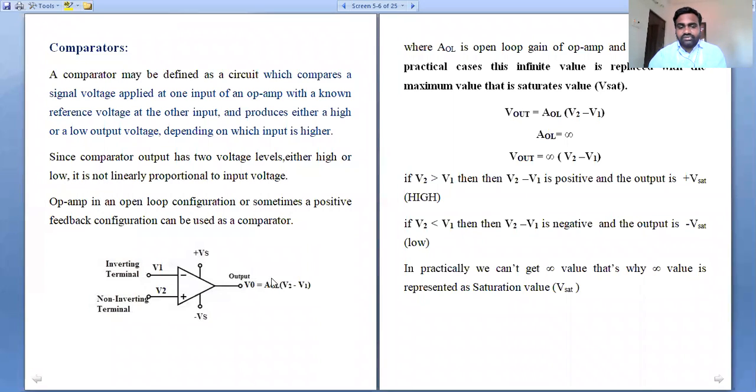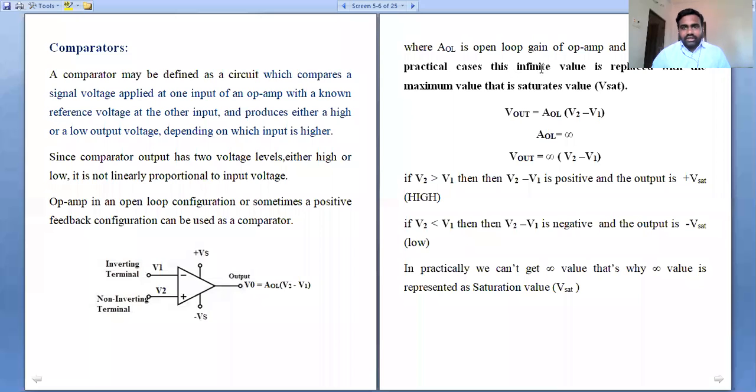That's why the behavior of the gain is explained with the open loop condition, that is, output voltage V0 is equal to open loop gain times (V2 minus V1). If we see the behavior of open loop condition here, the open loop gain in this nonlinear op-amp condition is infinite.